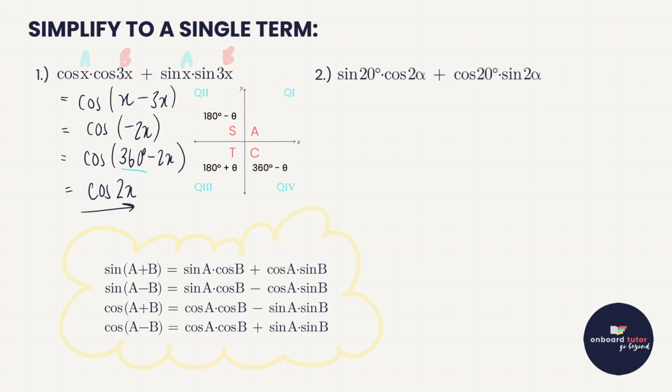So let's write that then as sine of 20 degrees plus 2 alpha. Okay, and there's nothing more that we can do here, because it's not one that fits nicely on the Cartesian plane like the previous one. It's not a negative angle. We don't need to worry about that. So we can just say that is our final answer. That is as simplified as this one is going to be for now.